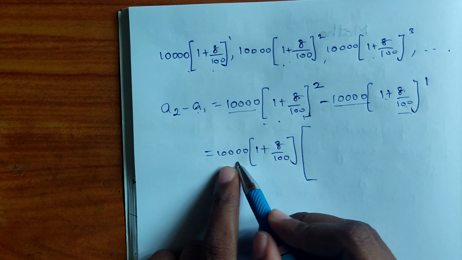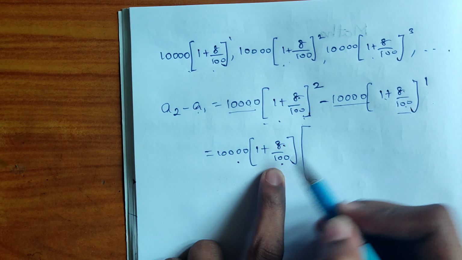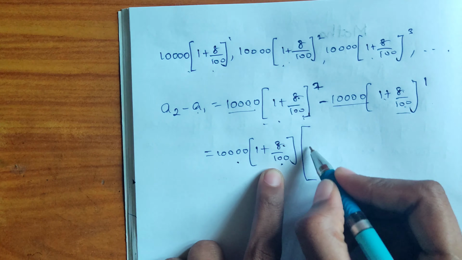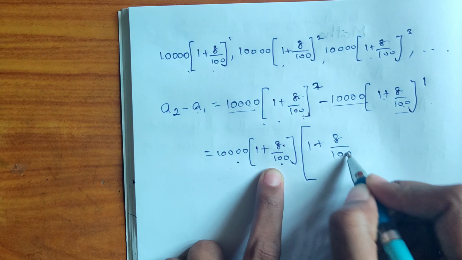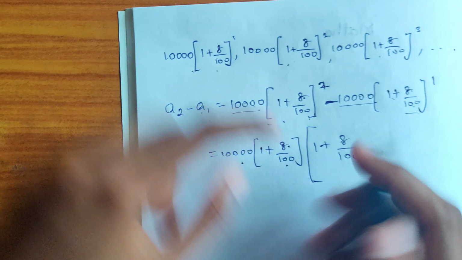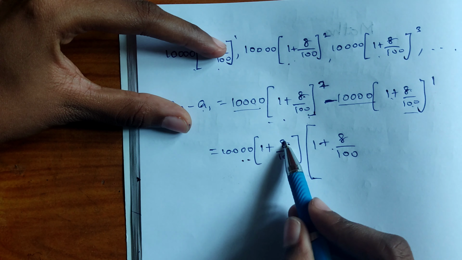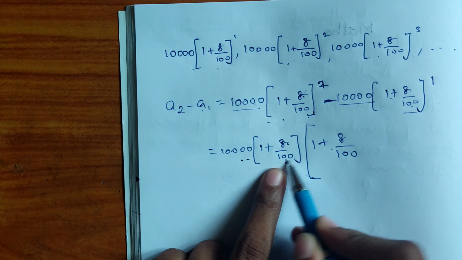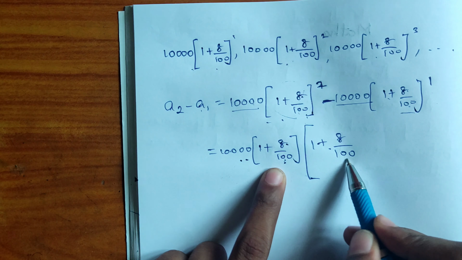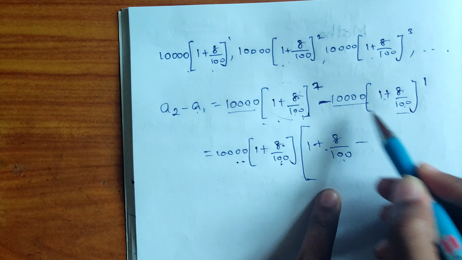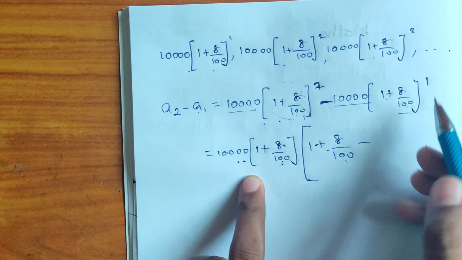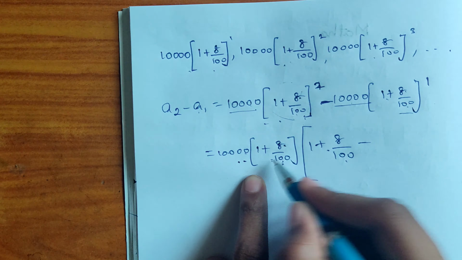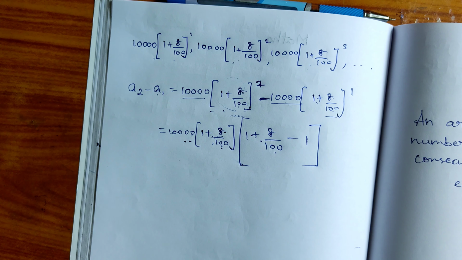So 10,000 is already common, and 1 plus 8 by 100 once is common. So one more time will remain here, so we are going to write that as 1 plus 8 by 100. In the second term, we have 10,000 into 1 plus 8 by 100 to the power of 1, where the same thing is taken common and 1 remains.